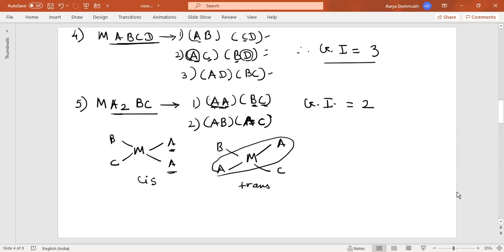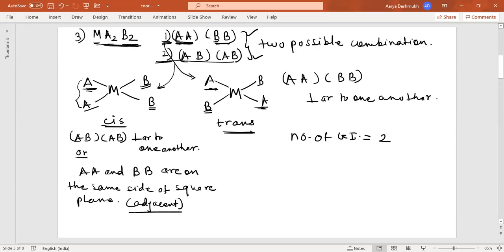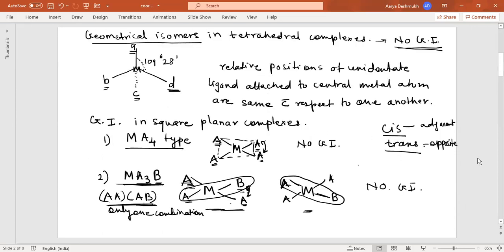Now the next type we can go to. Now this is about the square plane. We were talking about different square planar complexes and how to find out the number of geometric isomers in them. Remember, this is the first one. There is no geometric isomerism possible in tetrahedral complexes.